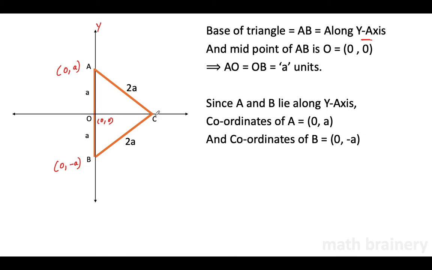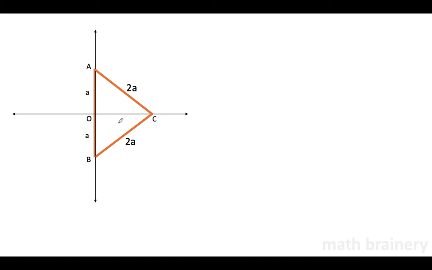We need to find the coordinates of this vertex C. But first, it is important for us to prove that this point C lies on the x-axis. Now it is shown in this figure that C lies on x-axis, but it is important for us to show that this point C is on x-axis. So let's do that first.